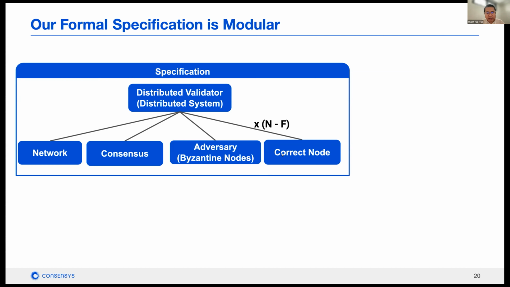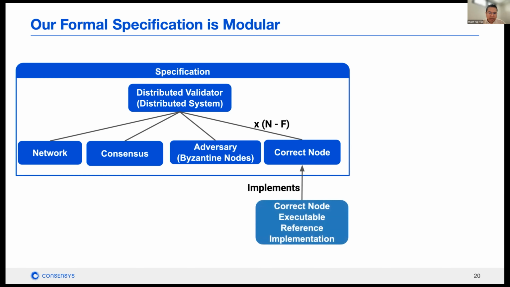And correct node here is for honest node that follows the algorithm. And we have N as the number of nodes, and F as the number of failures. In addition, we have one more module that is for an executable reference implementation of correct nodes.